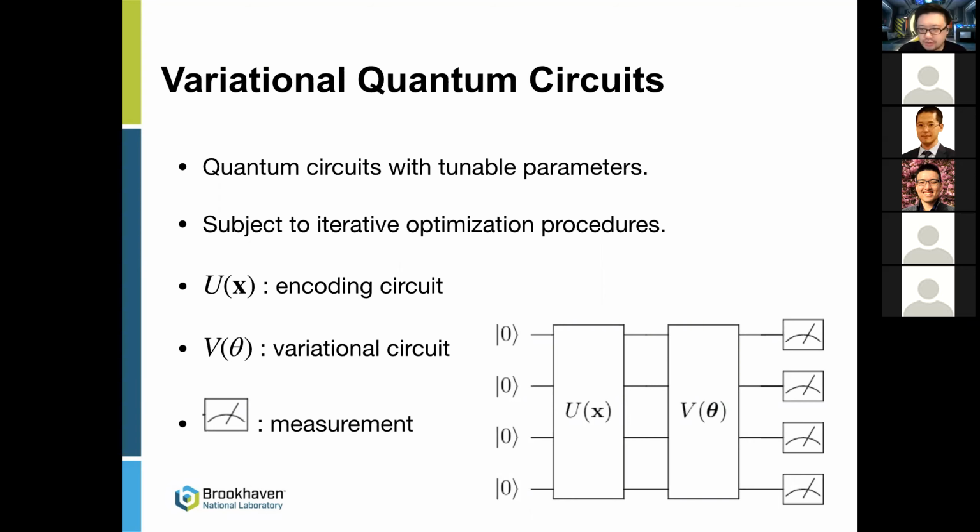Here, the U block is the quantum circuit block for encoding the classical data X into a quantum state. And the V is the variational block with learnable parameters to be optimized by the gradient or gradient-free method.